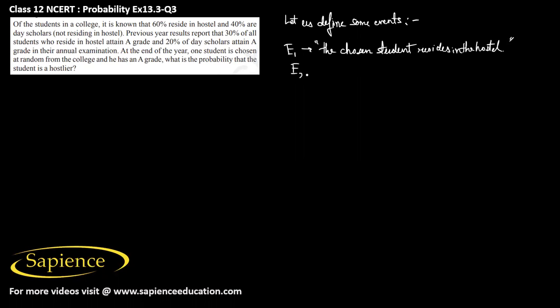Then the event E2 represents the event that the chosen student is a day scholar.